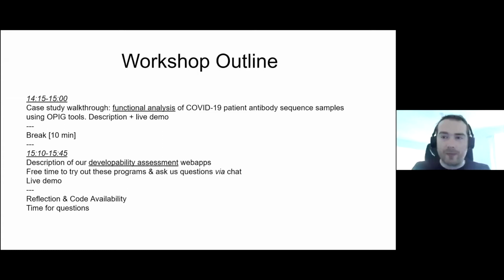For the remainder of the workshop, there's going to be a 10-minute break halfway through. Between now and that break, Matt and I are going to walk you through a case study of starting from one of our databases, identifying some potential candidate antibodies for SARS-CoV-2.